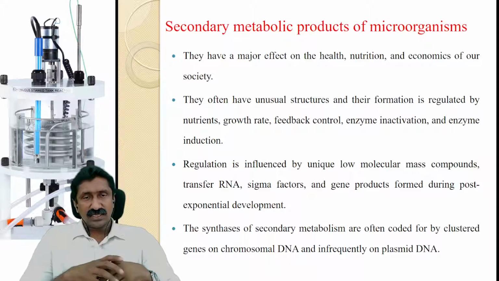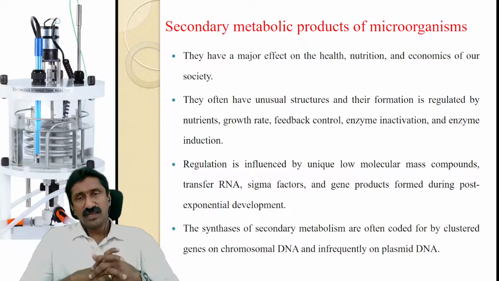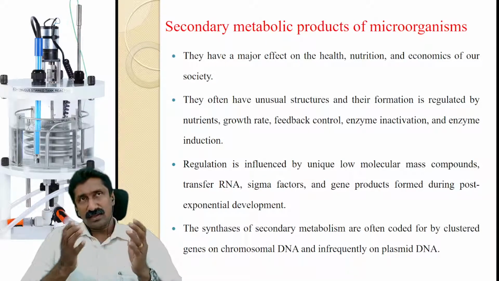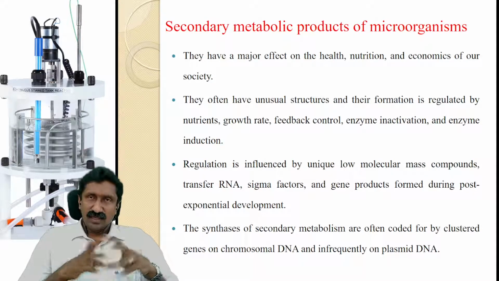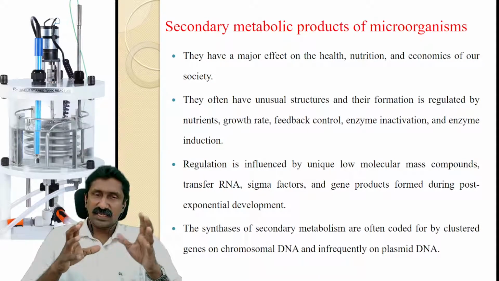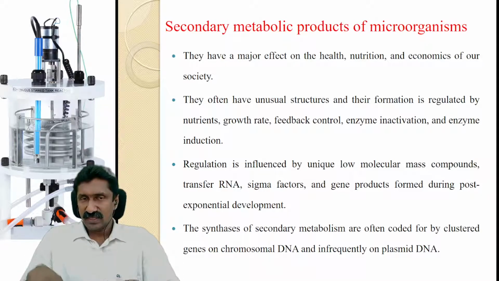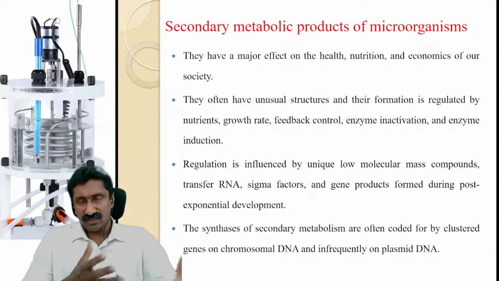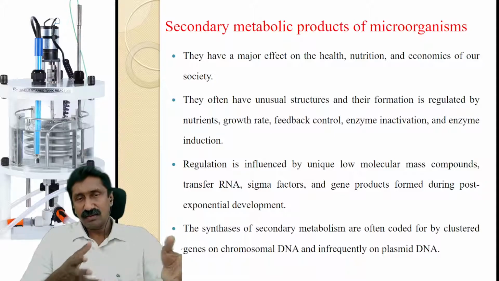The synthesis of these secondary metabolites is often coded by clustered genes on the chromosome and infrequently on the plasmids. So basically, the synthesis genes of the secondary metabolites are present in the chromosome itself, whereas the regulatory elements, as we have discussed in one of the previous slides, may be present in a plasmid.